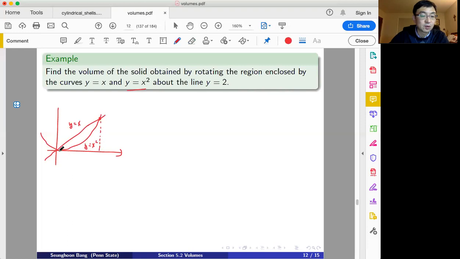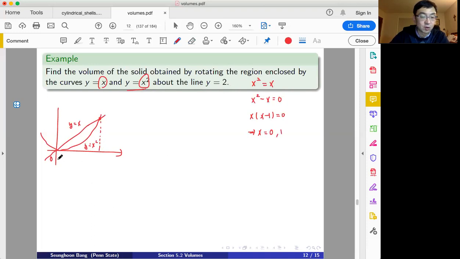Find the intersection point. How can you find the intersection point? You can solve x squared equals x. Subtract x: x squared minus x equals 0. Factor out x. We have two x values, x is 0 and 1.